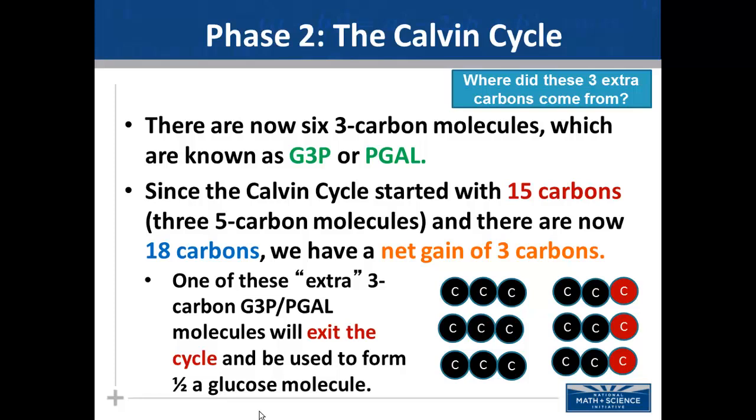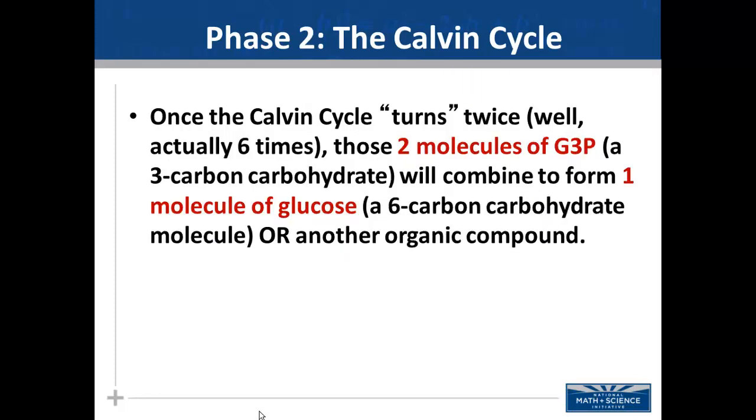Remember, this is a cycle, so cycle implies you have to end up back right where you started. So we have an extra 3 carbons, which is one of these 6 molecules. One of these G3P or PGAL molecules will exit the cycle and be used, and that's what we showed right there. It doesn't matter, I could have picked any of them to leave, but one of them is extra and is going to be used to form half of a glucose molecule.